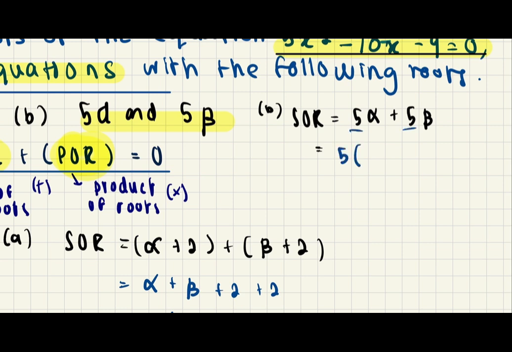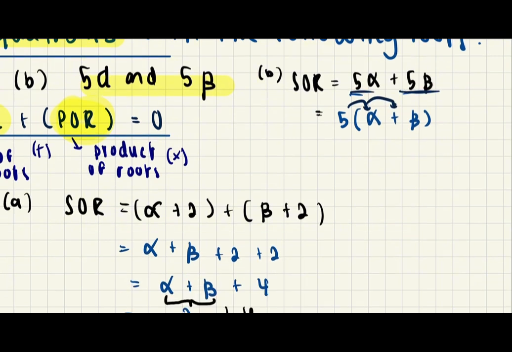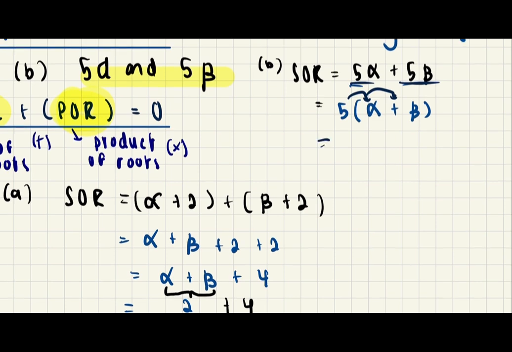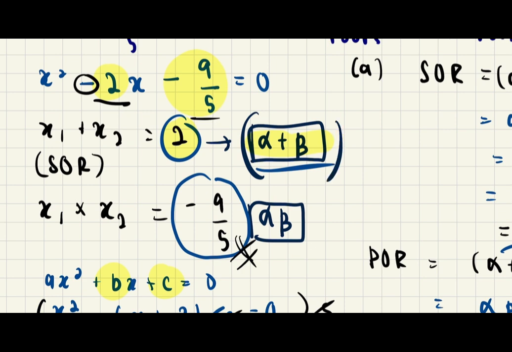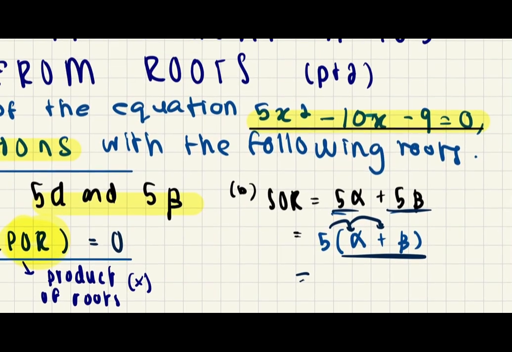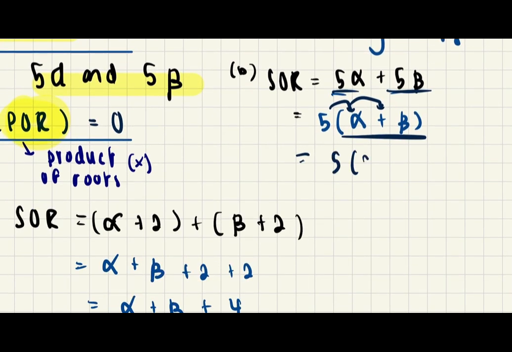So put 5 outside, inside alpha plus beta, because 5 times alpha gives 5 alpha, 5 times beta gives 5 beta. We know alpha plus beta, as I said, is 2. So replace alpha plus beta with 2 and you get your SOR simply 10.